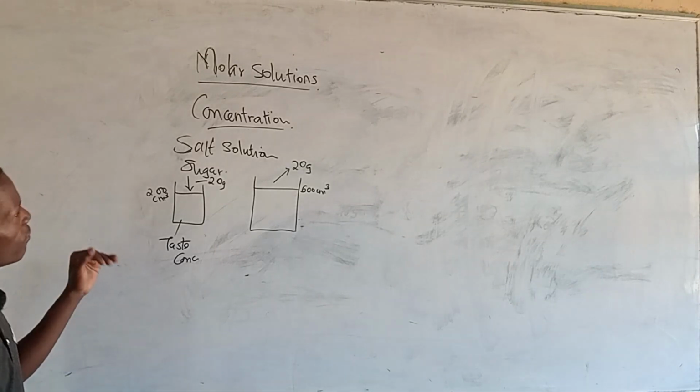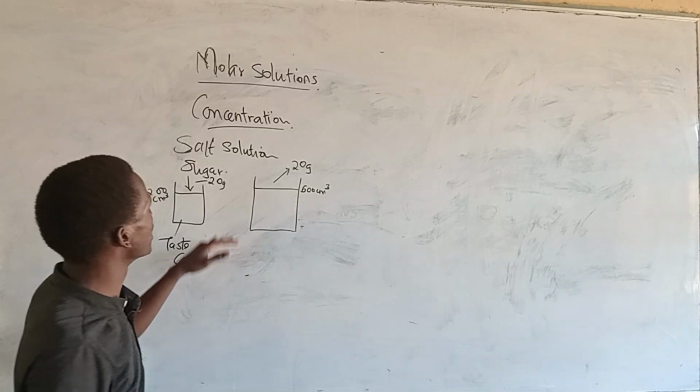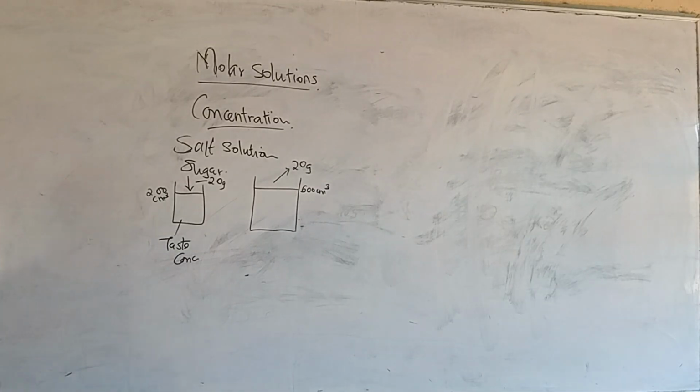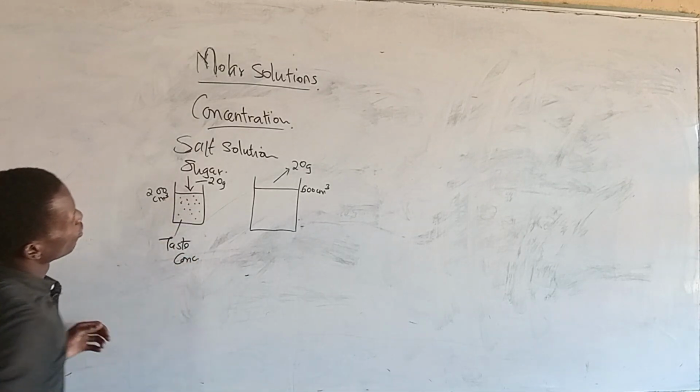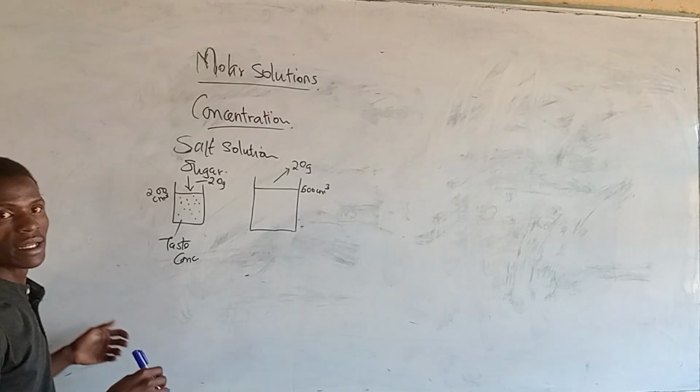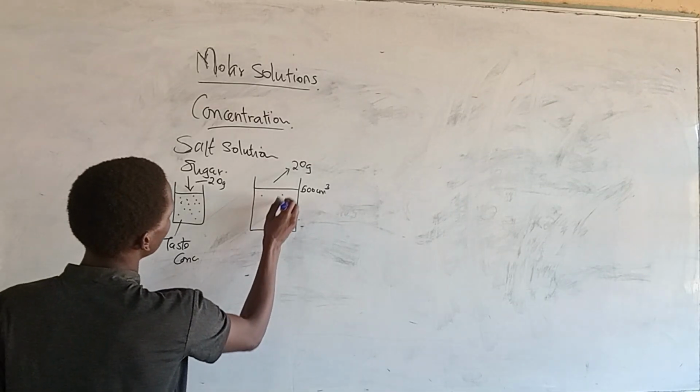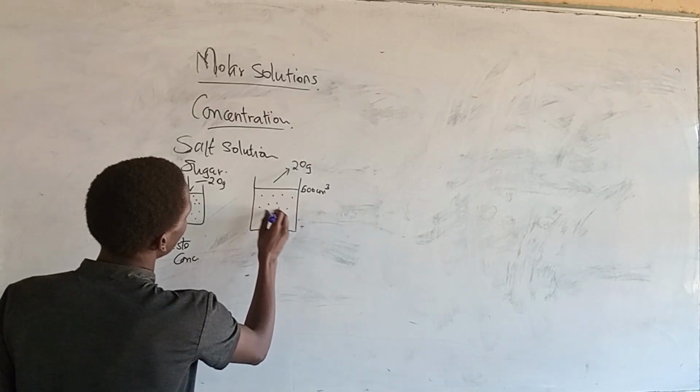So when we dissolve a solid in a solvent, we get a certain concentration depending on the amount of solid and the amount of solvent that we have.